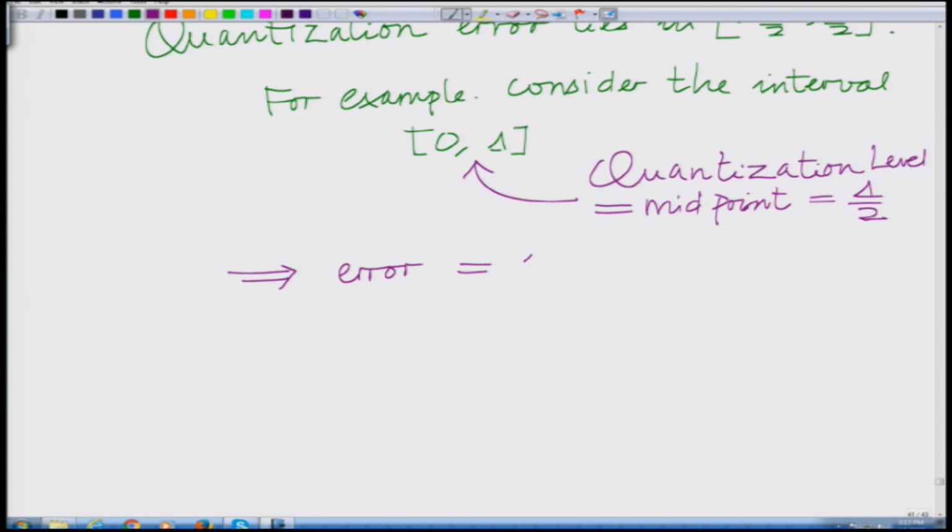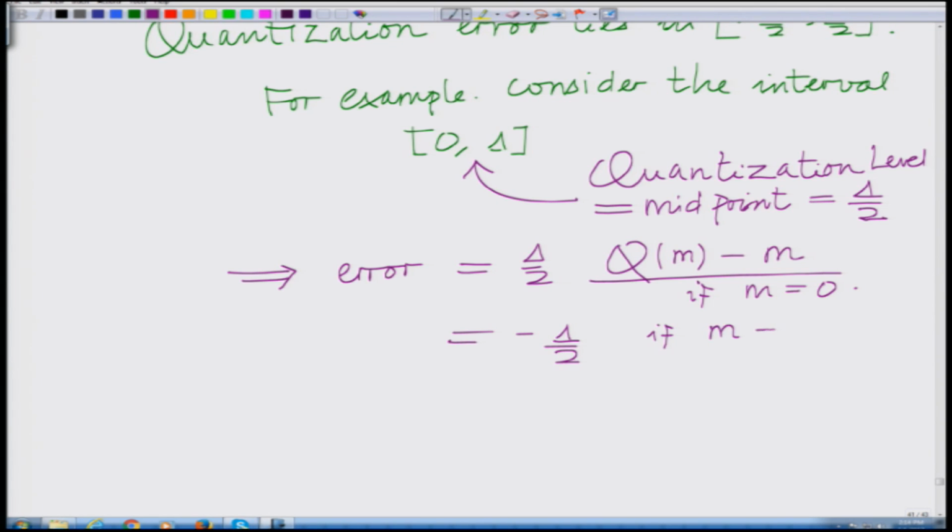Let us denote the quantization error as q of m minus m. So, q of m is delta by 2, minus m is 0 if m equals 0, and the error equals delta by 2. If m equals 1, or basically close to 1, the error is minus delta by 2.